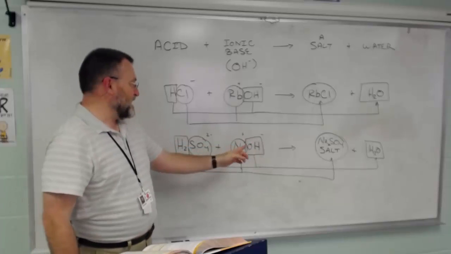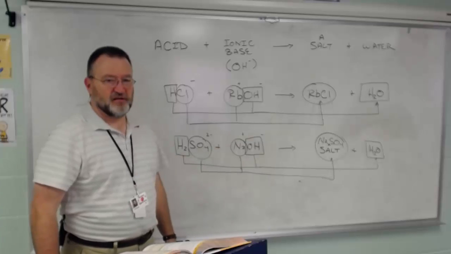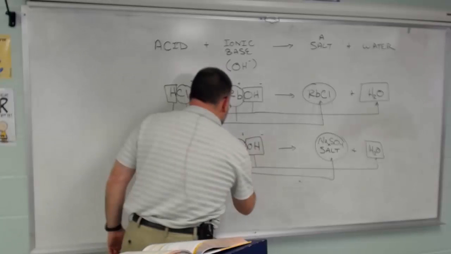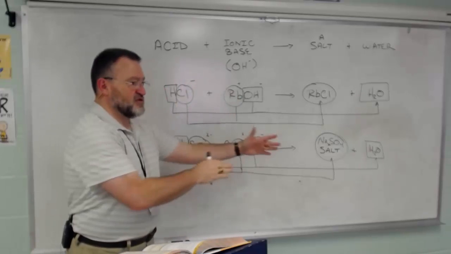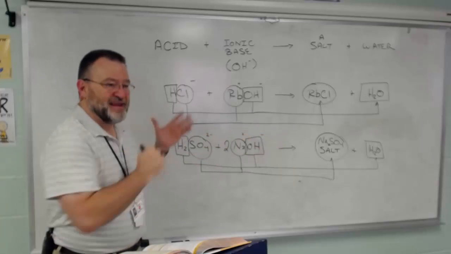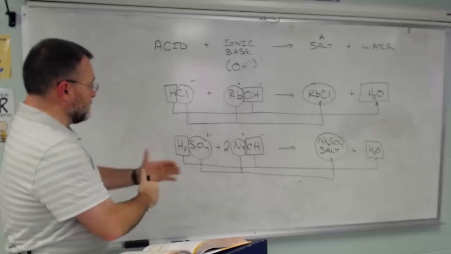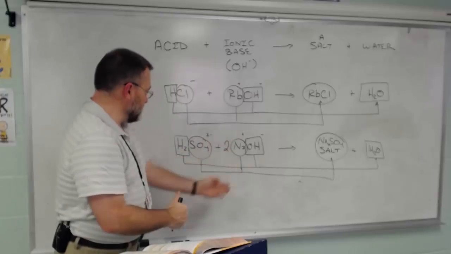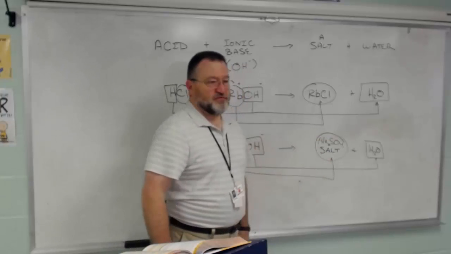How am I going to get 2 sodiums from sodium hydroxide? I need to have 2 molecules of this. Remember, in this phase, I'm only dealing with coefficients, not subscripts. I'm not going to change the molecules now. I'm just going to change how many of them I have available, and I do that by changing coefficients. So I get 2 sodiums from doing this for every 1 sulfate, and that gives me my Na2SO4.